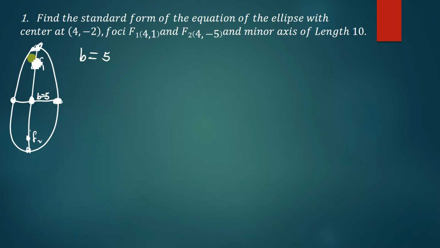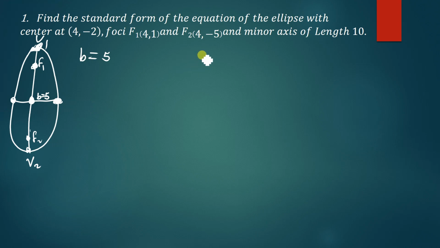The other thing that you need to find is the value of C, because we've been given the foci. If we were given the vertices V1 and V2, we would have gone directly to find the value of A, because those are the only things that we don't have in the equation. What I'm trying to say is the equation is supposed to be like this. The center has been given as 4, -2.